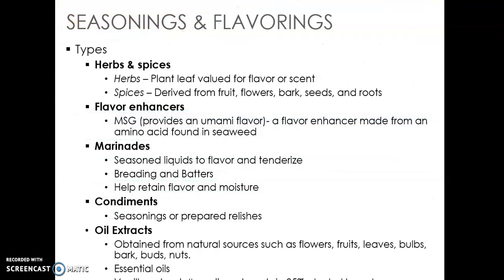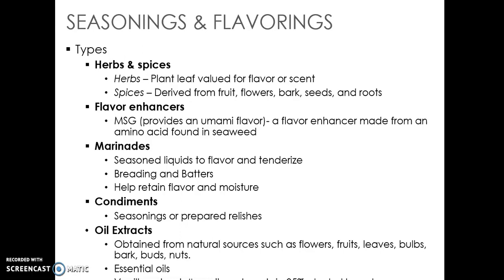Some other types of seasonings and flavorings: herbs and spices. I think we covered these in this week's class for lab, but herbs are plant leaves valued for the flavor or scent, and spices are derived from the fruit, flower, bark, seeds, and roots.